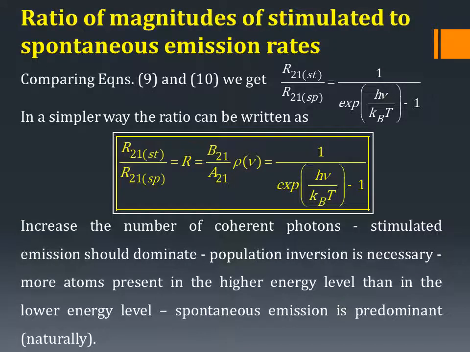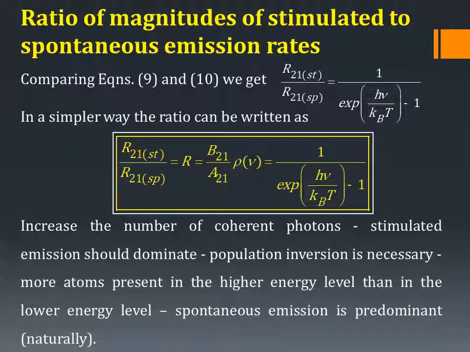From this, we obtain the result that in order to increase the number of coherent photons, stimulated emission should dominate over spontaneous emission. Therefore, an artificial condition called population inversion is necessary. To achieve this, there should be more number of atoms present in the higher energy level than in the lower energy level.